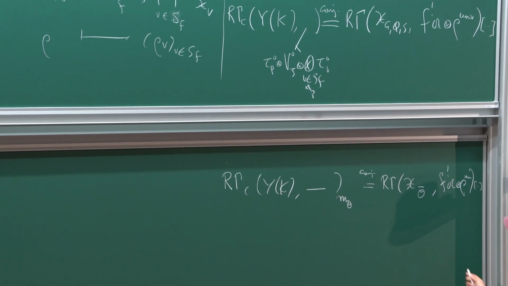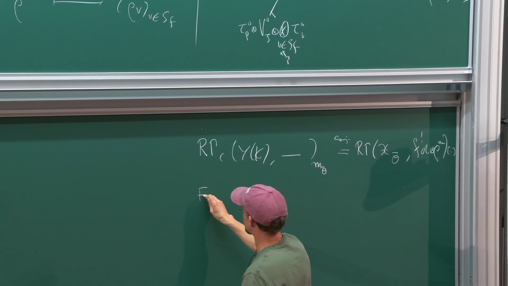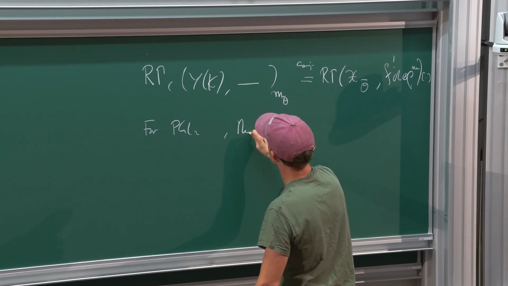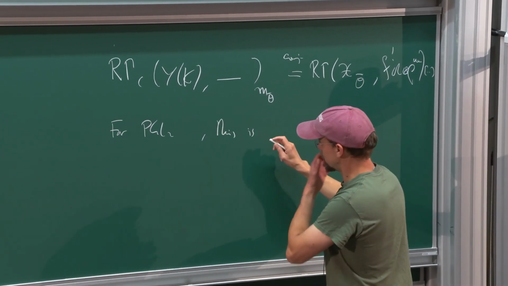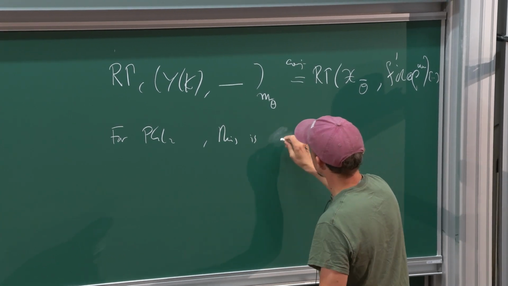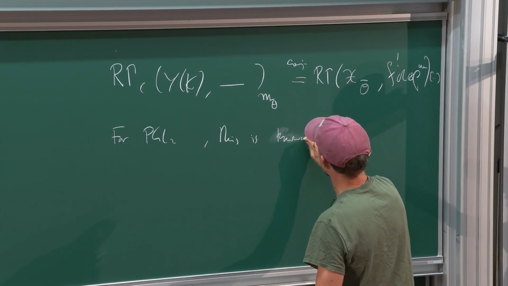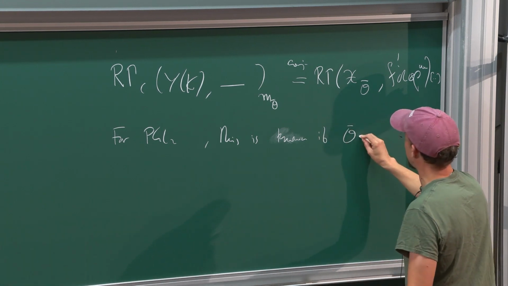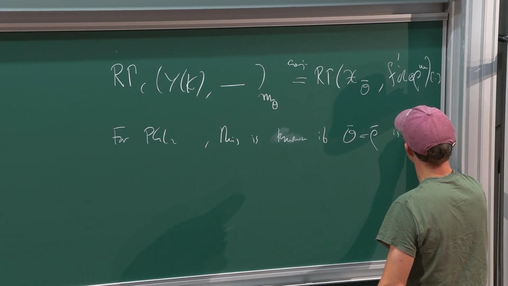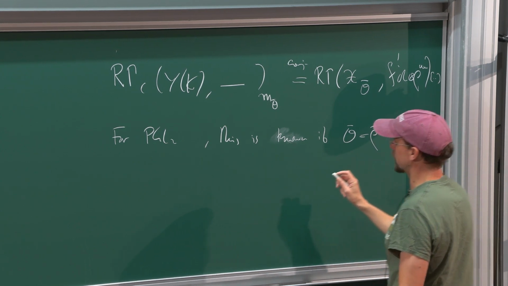So for PGL2, or for modular curves, this is probably known if theta bar equals rho bar is irreducible.